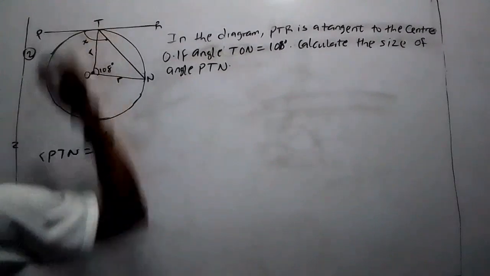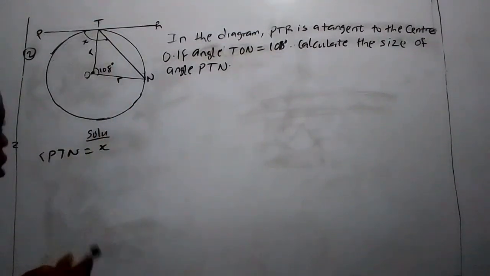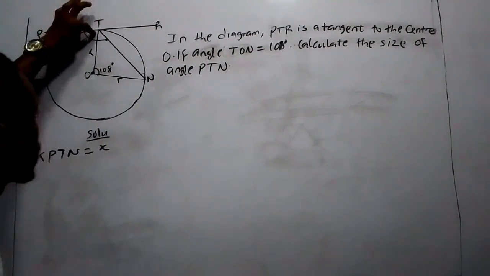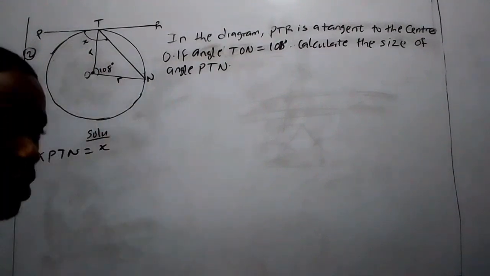Also this line is a radius, and this one also gives us a radius. So it means that we have two radii here.